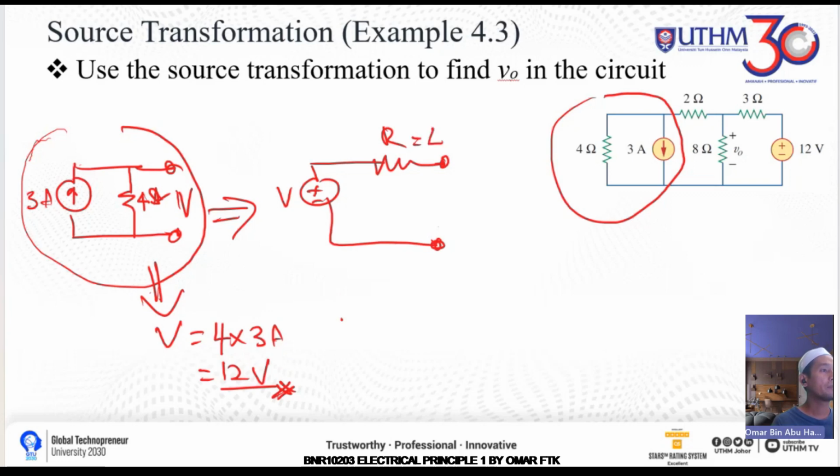So R will be 4 ohm, and for the voltage we just multiply the resistor with the current, so we get 12 volt. Then you can transform your circuit into this: you get 12 volt and then 4 ohm.